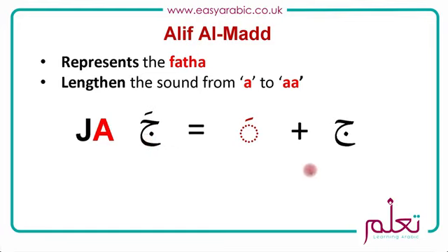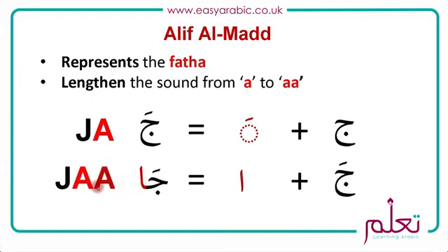Now to add the variant, we take the Jim with the fatha and add the alif. It's written like this, and the sound is jaa. Let's look at all the letters.